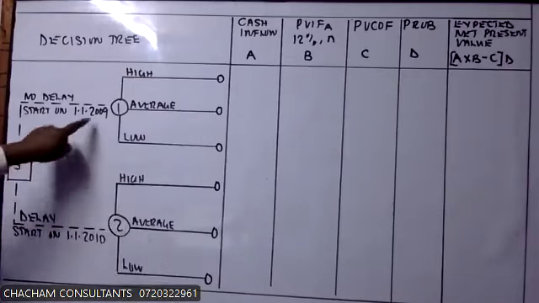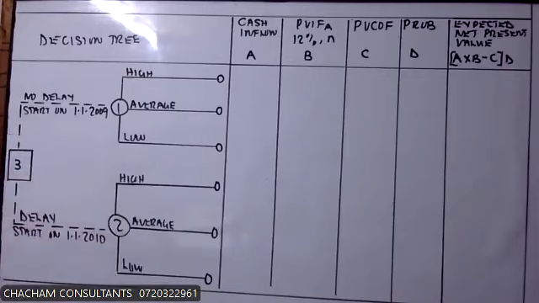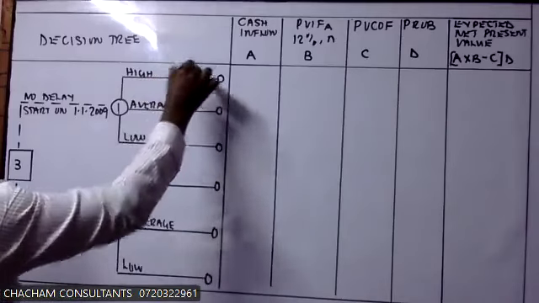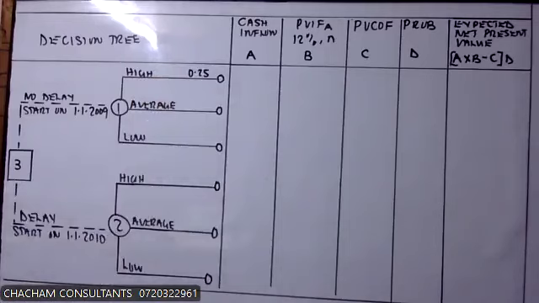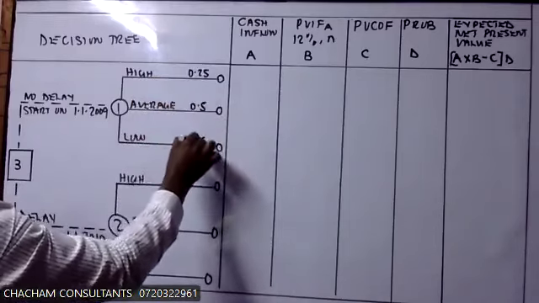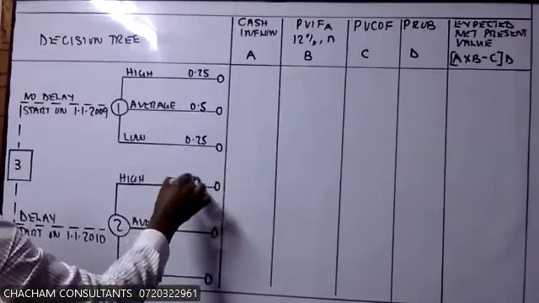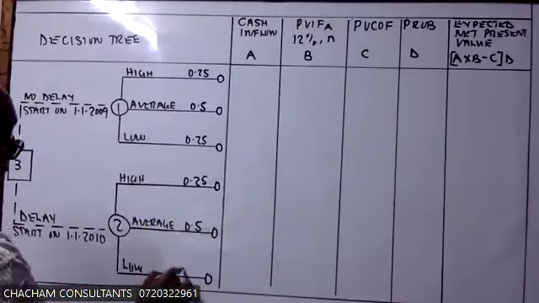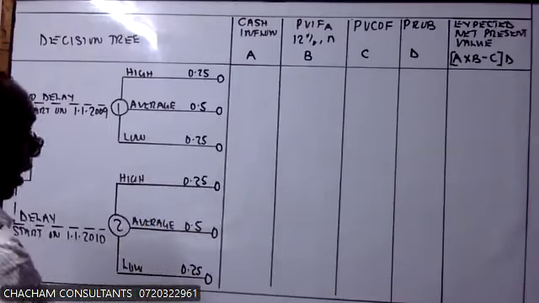Hata ukichora zote hizi ziko complete. But that is not the correct way. Hii video inastahili kuchorwa. So the probabilities are 0.25, 0.5, and 0.25. 0.25, 0.5, and 0.25.